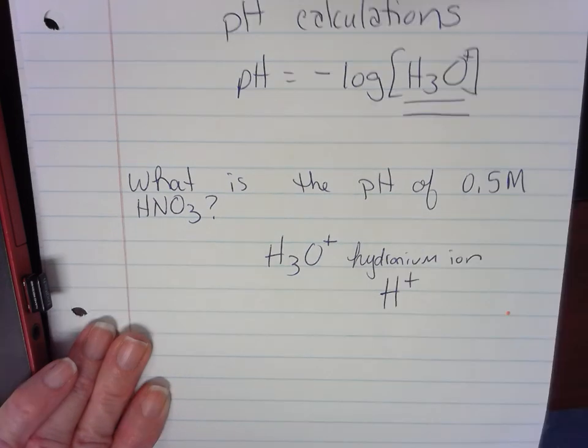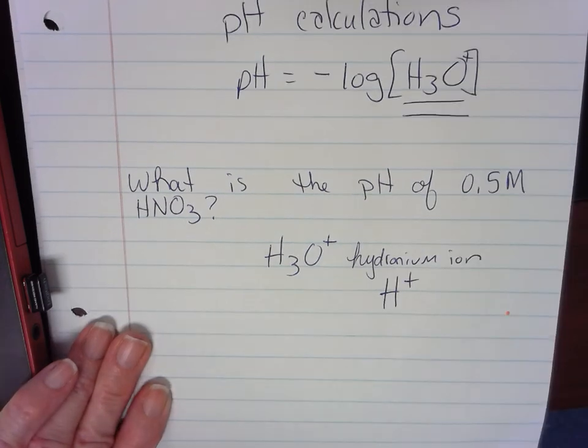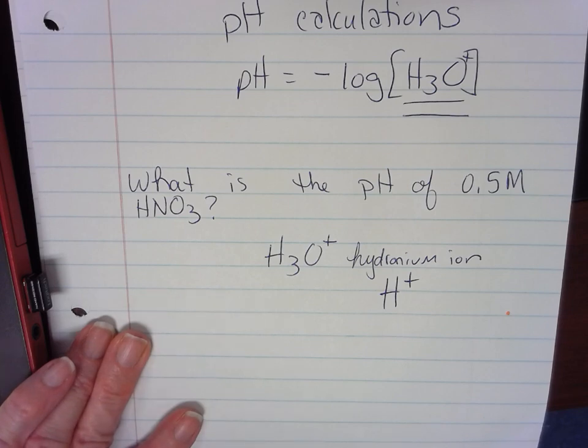The reason they use hydronium ion there is because when those hydrogen ions get to floating around in the water, they just gang up into H3O. That's how they exist in water. But for you and me, for the normal person, hydronium ion concentration is just the concentration of the hydrogen ions. That's all it is. Okay?